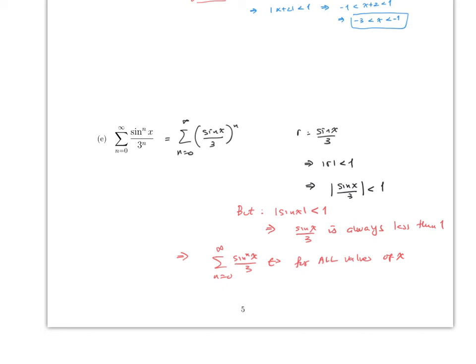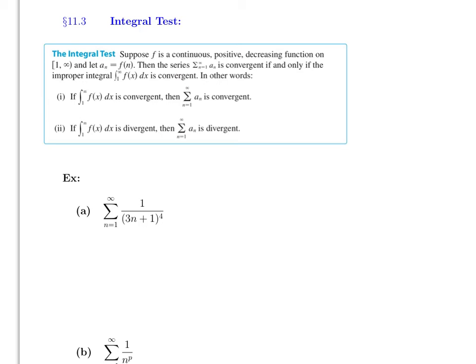The first test we're going to talk about is called the integral test, and that's section 11.3. Like the name says, we're going to integrate to determine whether a series is convergent or not.